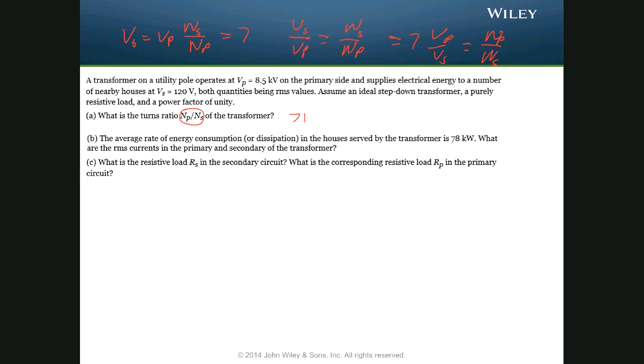So when we look here, it's asking, so we have that average bit, is 78 kilowatts. What are the RMS currents in the primary and secondary transformer?